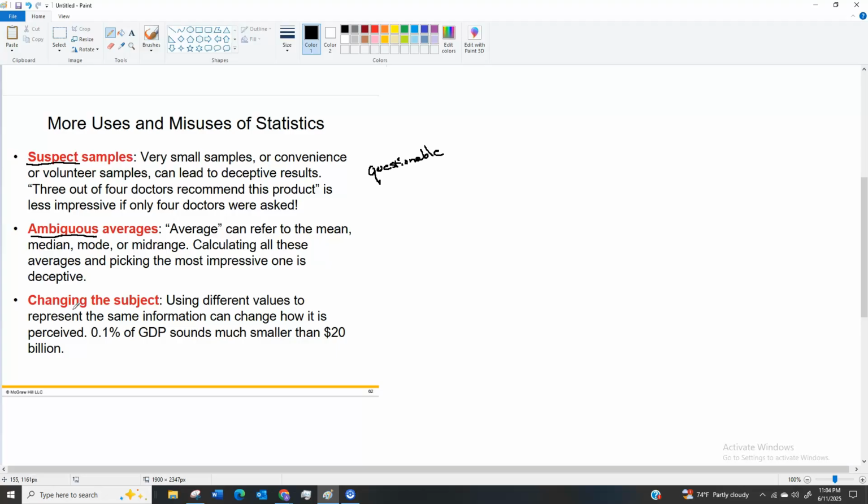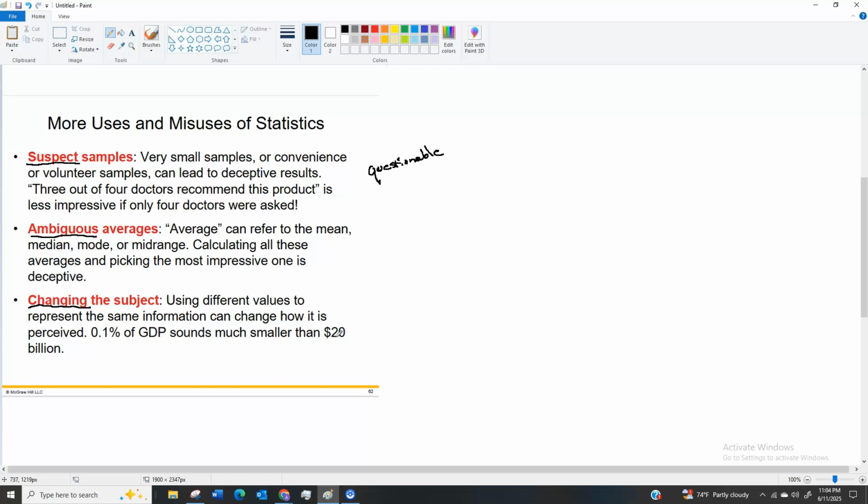And then changing the subject is where you, again, kind of choose how to word things so that it sounds better or worse. So if you were trying to say that the change in GDP, if your goal was to make it look like it was small, you could say 0.1%.